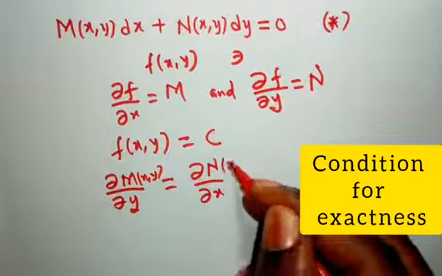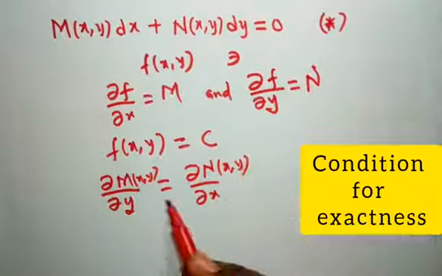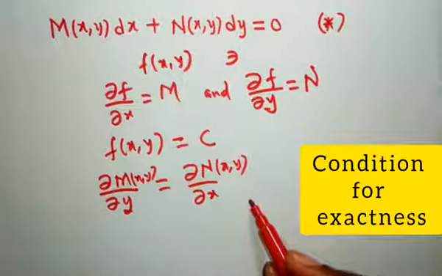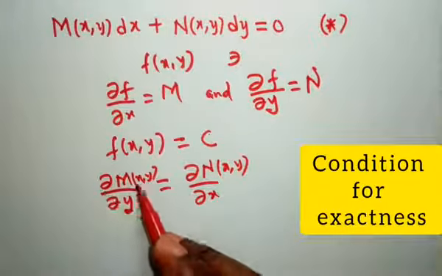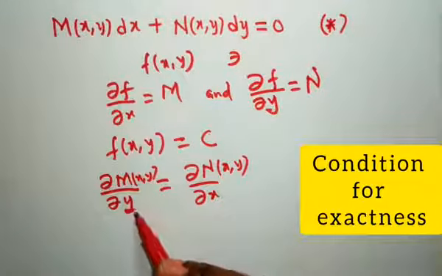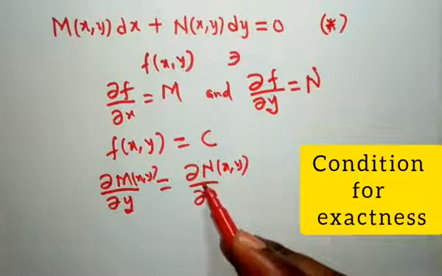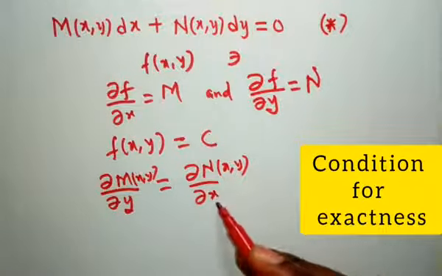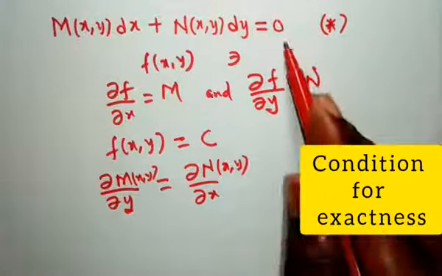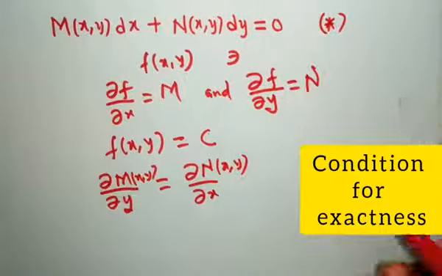Now this is known as the condition for exactness. If the partial derivative of M with respect to y coincides with the partial derivative of N with respect to x, then equation star is said to be exact.